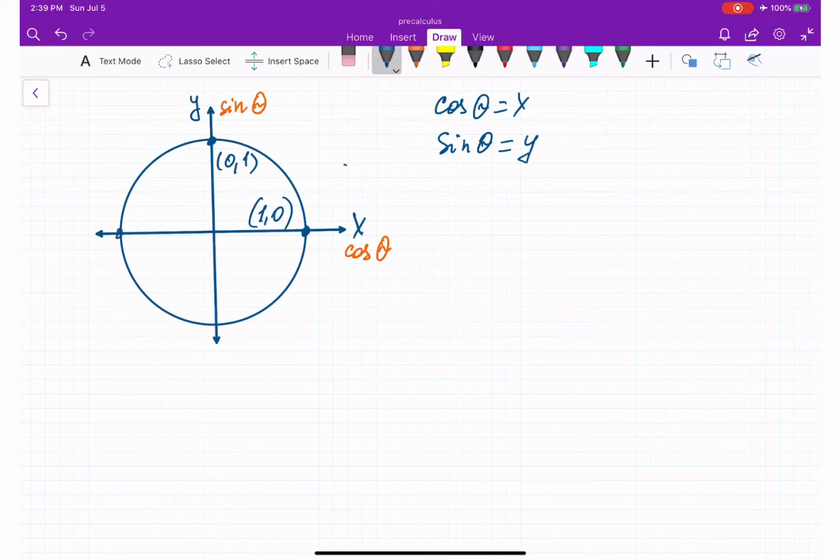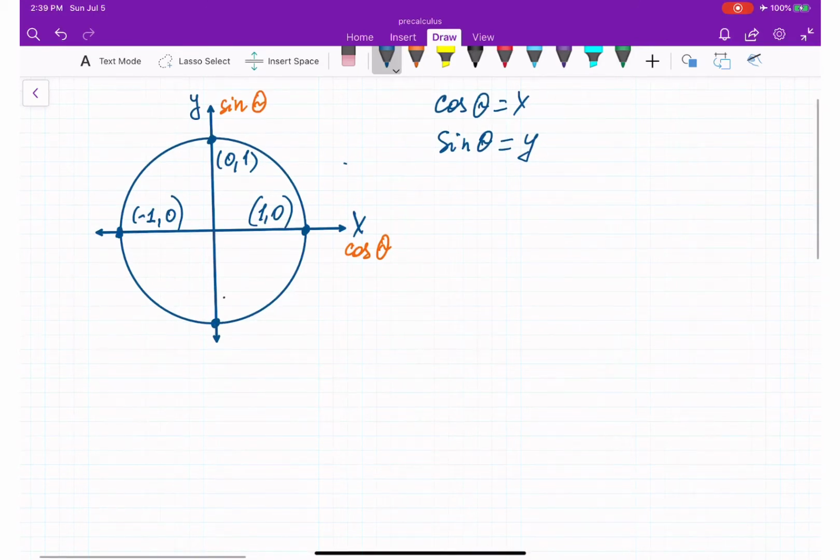At this point, cosine is going to be negative 1, and y is going to be 0. And here, our cosine is going to be 0, and y is going to be negative 1, which is sine, negative 1 here.